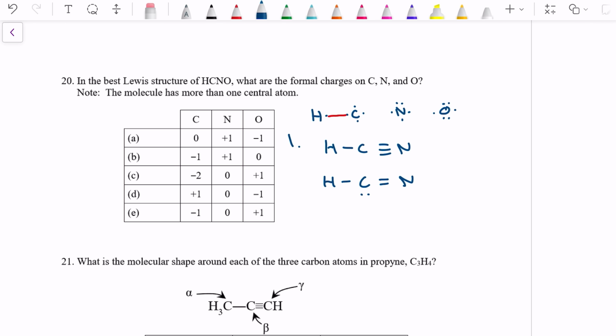Okay, and then we're left with oxygen, which in this first case would just be a single bond to oxygen. And then this has 3 lone pairs with a -1 charge. Also nitrogen is a +1 charge.